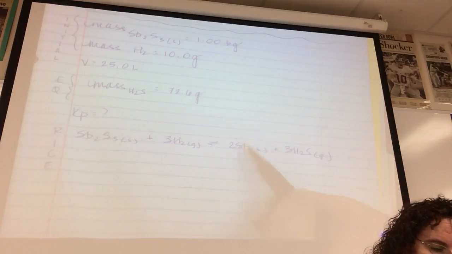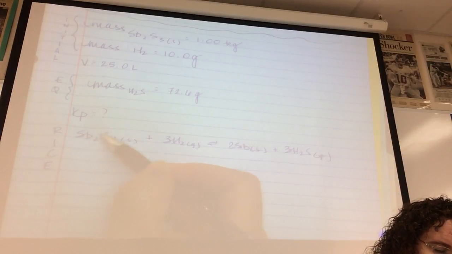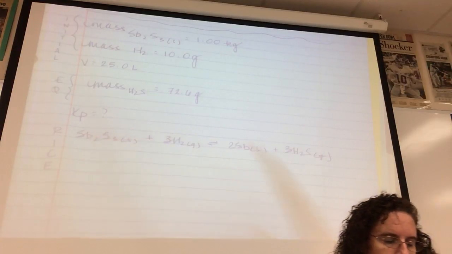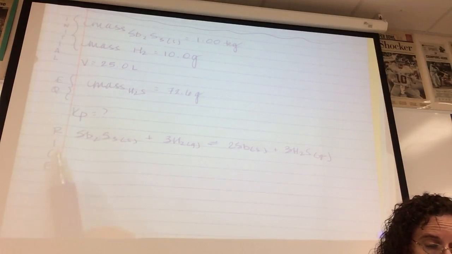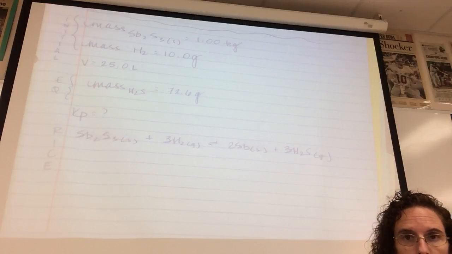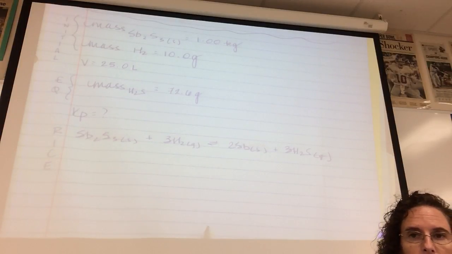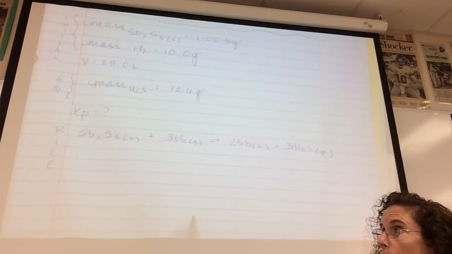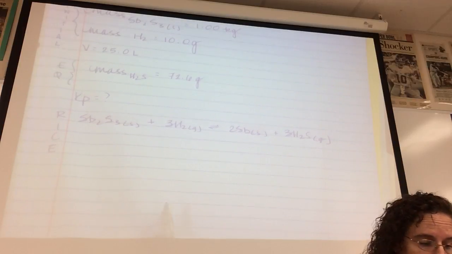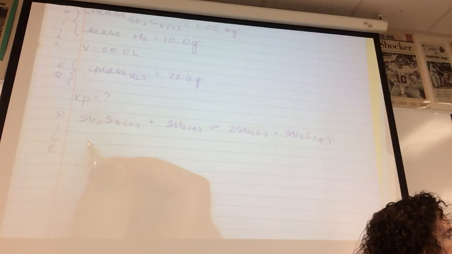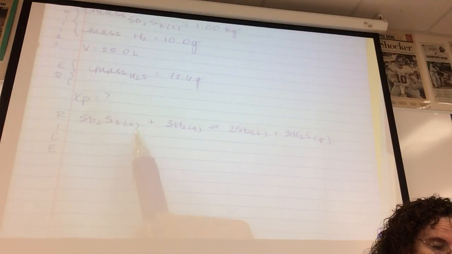And again, we don't include solids or liquids in equilibrium concentration expressions. So they're in the overall equation, but I sort of shaded them out lightly because they're not going to be part of our process. So we need to get the initial amount of hydrogen gas.